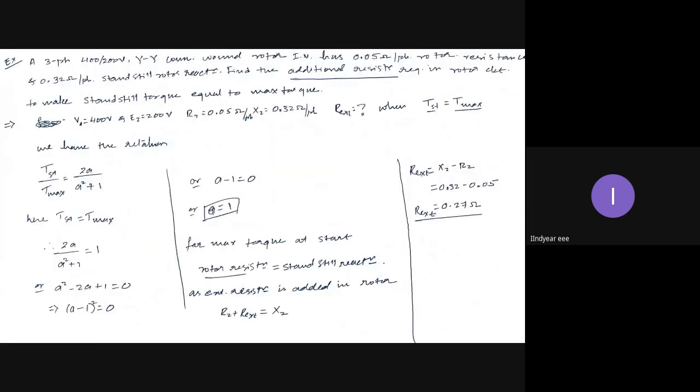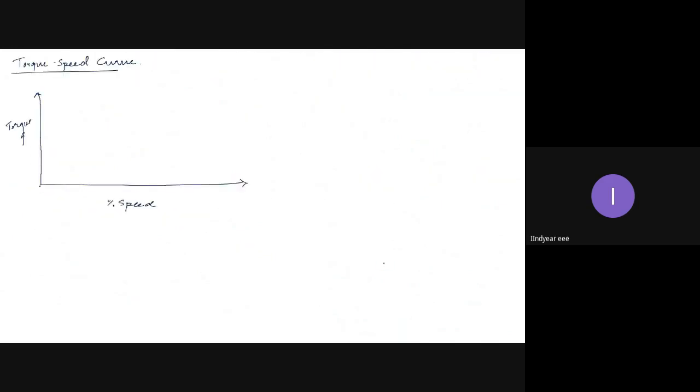So here I am considering the speed when the speed is 0%, and say 20%, 40%, 60%, 80%, and when the speed is 100%. And I have T max, the maximum torque.